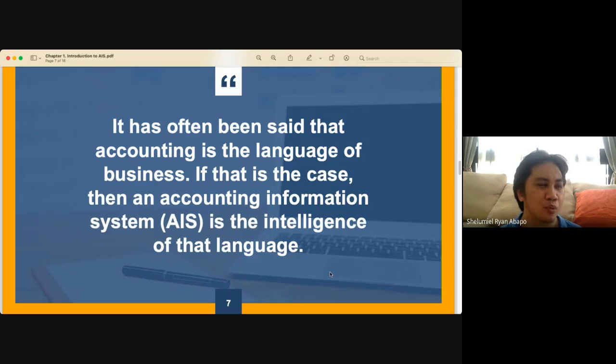But the intelligence behind this language, meaning the nitty-gritty behind how this language was able to provide us the understanding, is actually an accounting information system. Otherwise, this will just be gibberish. Otherwise, this will just be random figures. But because of accounting information system, we were able to create this particular complex language that we all understand in the business world.